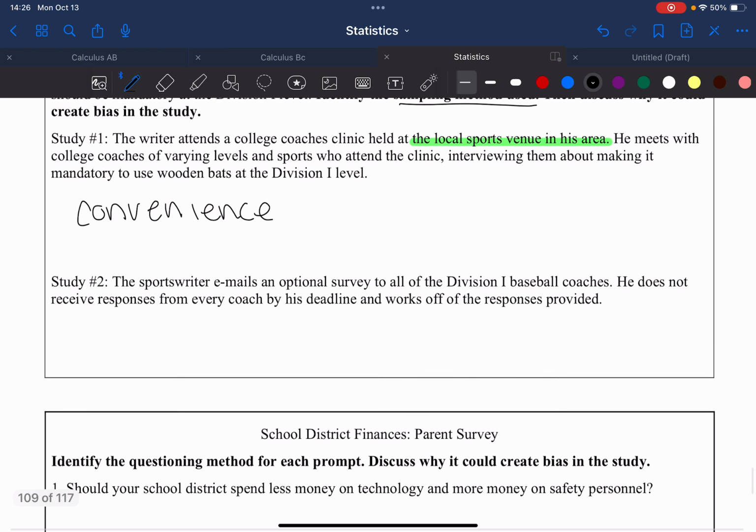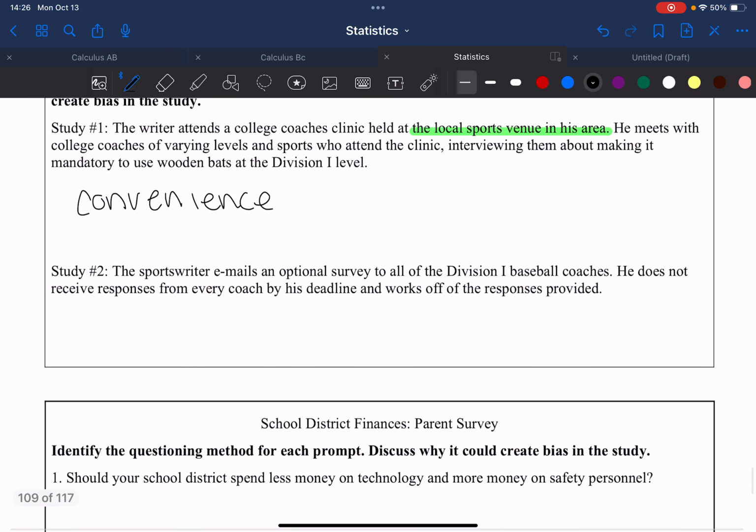Okay, next one says, the sports writer emails an optional survey to all Division I baseball coaches. He does not receive responses from every coach, but works off the responses provided.